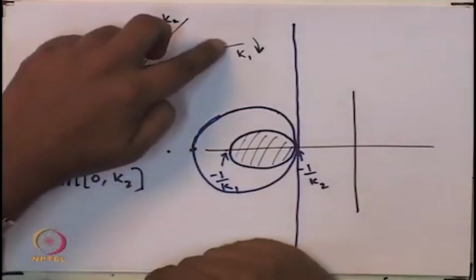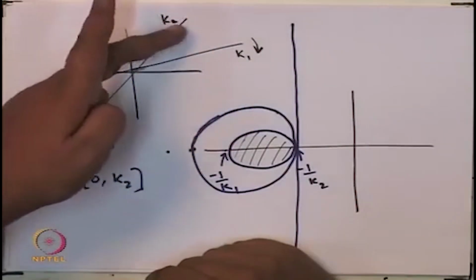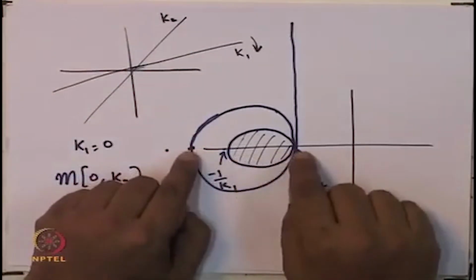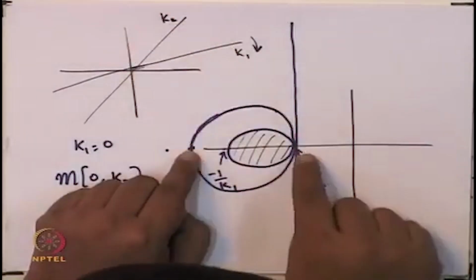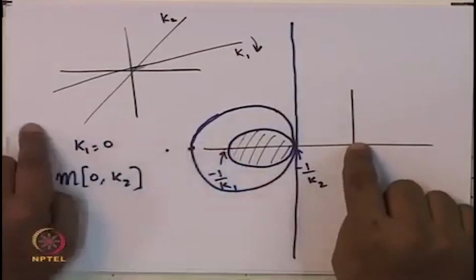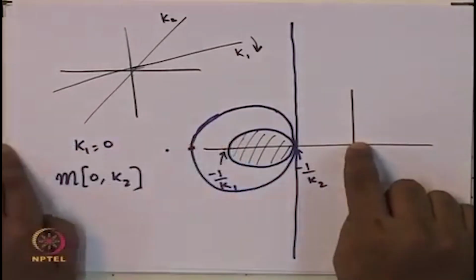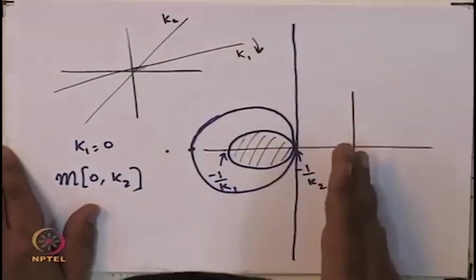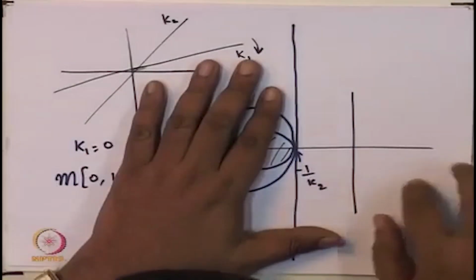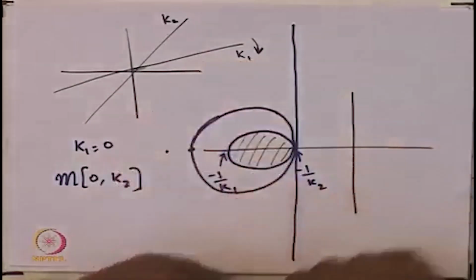If you bring k1 down to 0 and at the same time take k2 up to infinity and make it a 0 infinity sector, well, as you are taking k2 up, this point keeps expanding until you get a circle like that, and as you keep expanding k1, it goes off to infinity, and so finally you have this imaginary axis, and everything to the left of this is the forbidden area. So, your Nyquist plot should lie completely in the right half plane, which is what essentially the result about positive reality is all about.